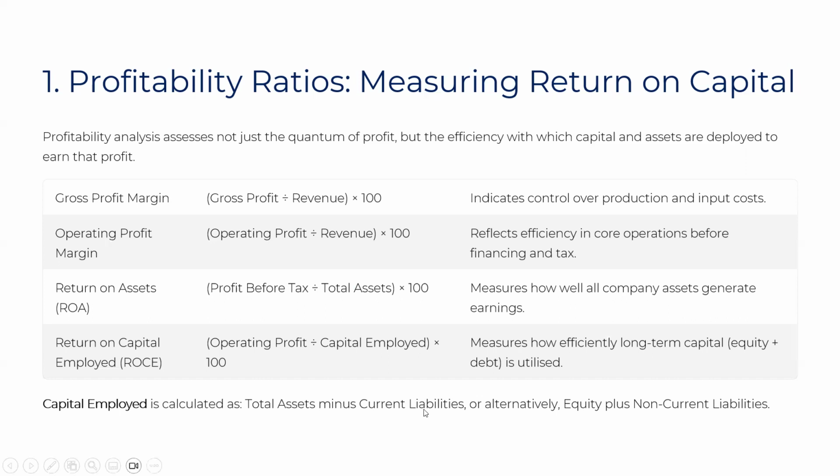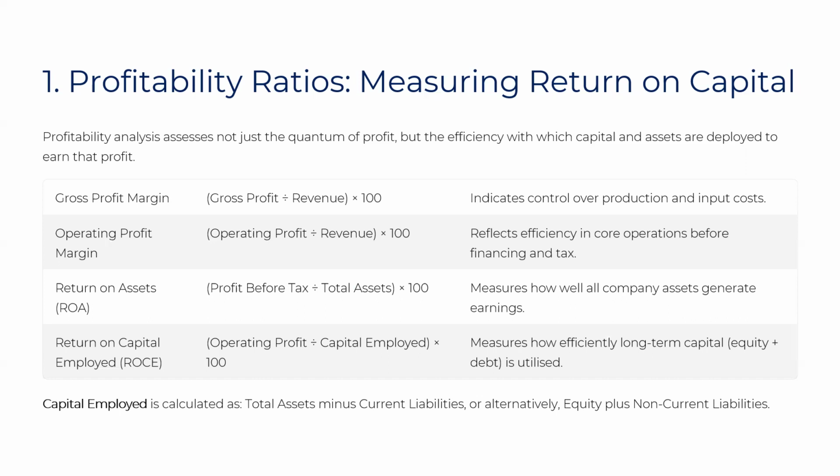Now, return on capital employed. Okay, return on assets first. It says profit before tax divided by total assets. Now, the profit you can give to your asset is your profit before tax. The reason why you are using profit before tax is because you can even claim tax benefit on your assets, like capital allowance.